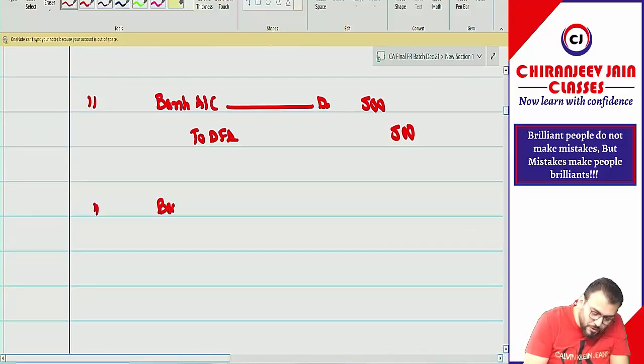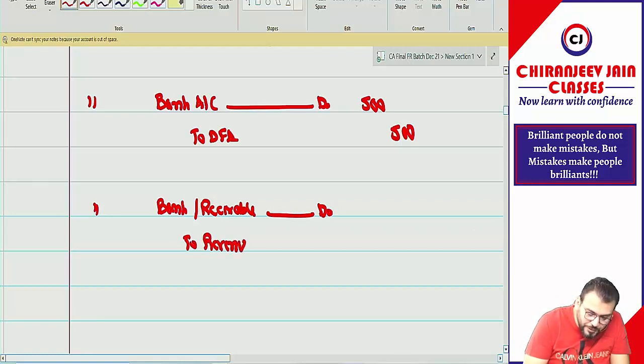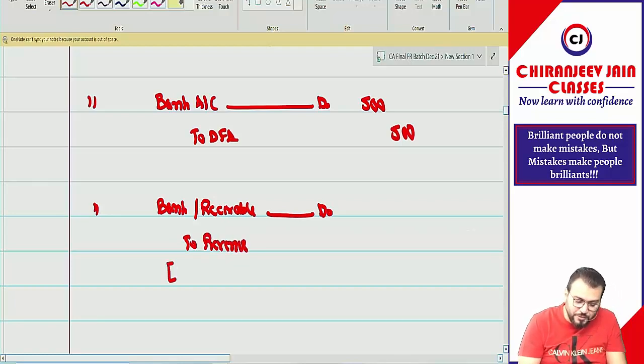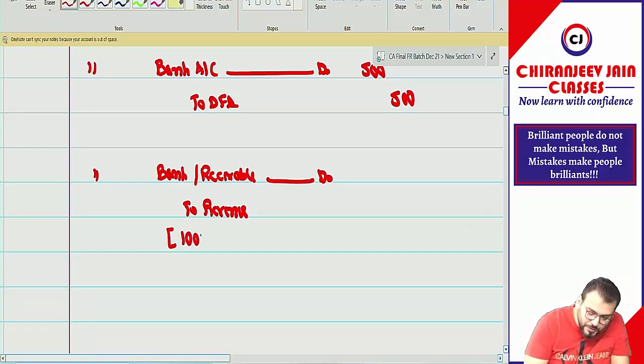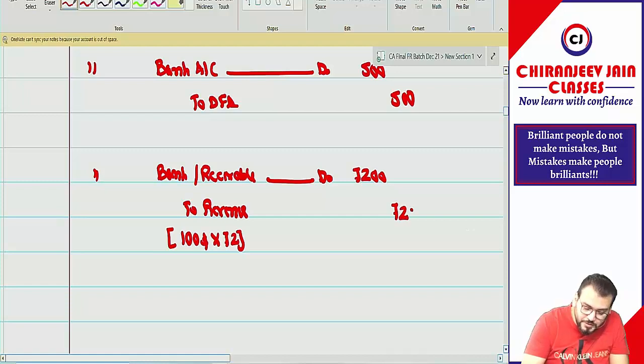Bank account or receivable account, as we don't know whether it is cash sales or credit sales, to Revenue. So it was at which dollar? $100 into what spot rate? 72. So $100 into 72, that is 7,200.